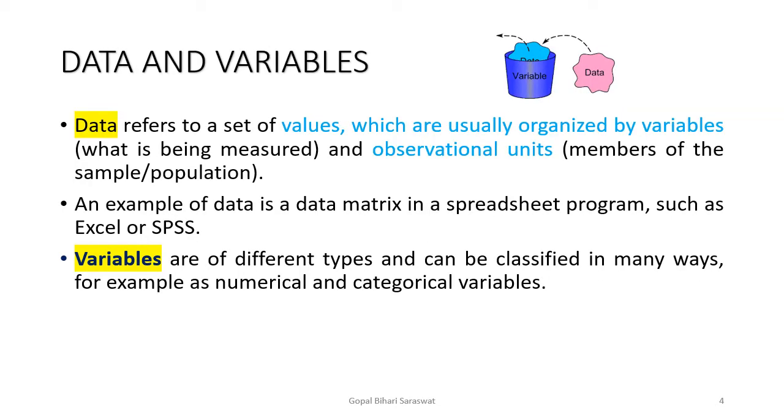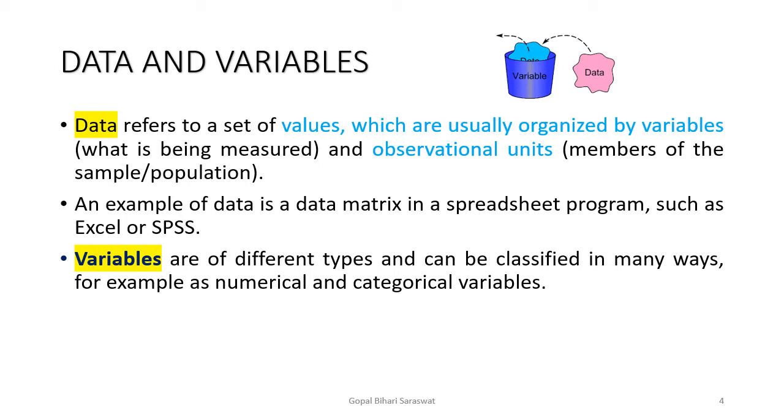Data refers to a set of values which is usually organized by a variable. Variable means what is being measured, and data is observational units which are members of a large population, or you can say generally we collect data through a questionnaire by representing the population by a sample.